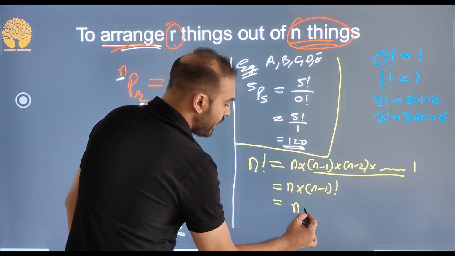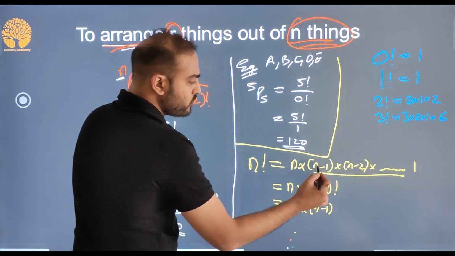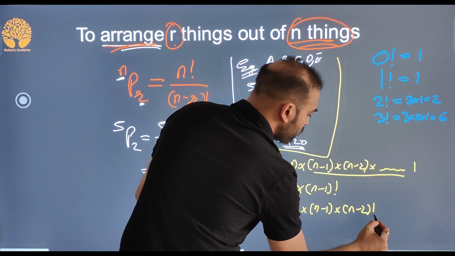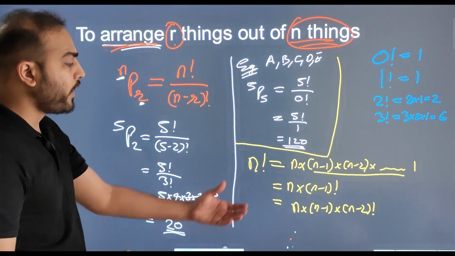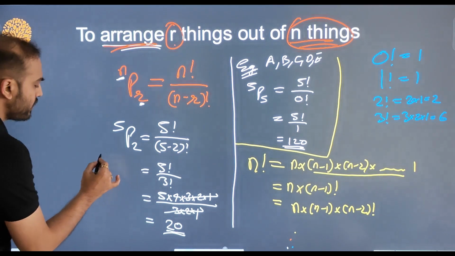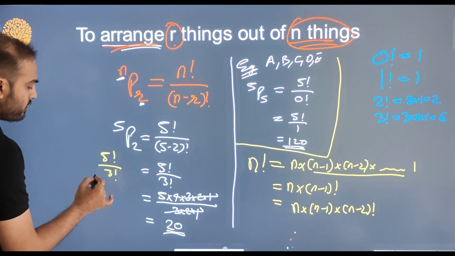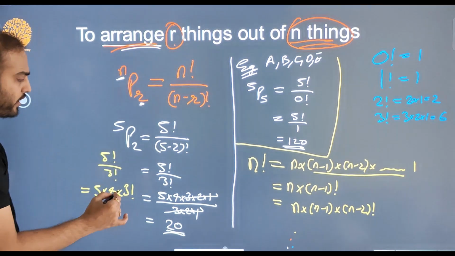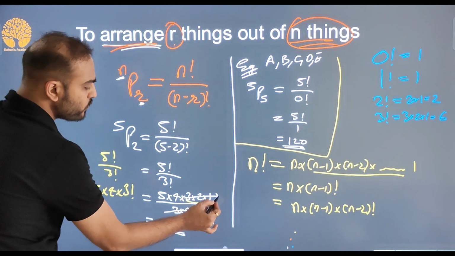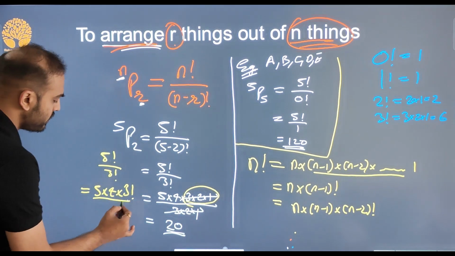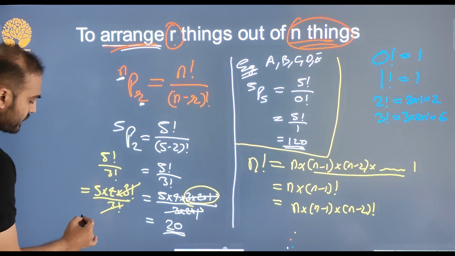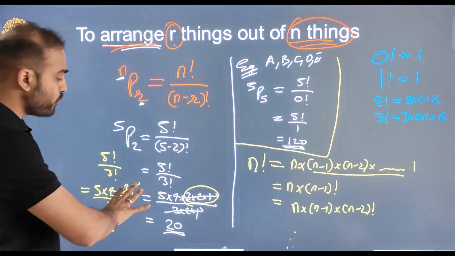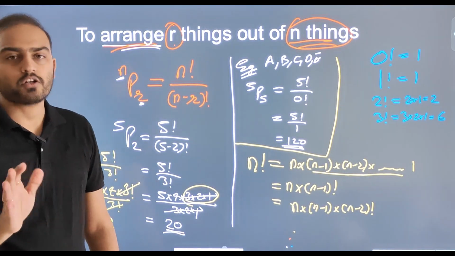Or n into n minus 1 can be taken common, and what is left is n minus 2 factorial. The point I am trying to make is that here 5 factorial can be written as 5 into 4 into 3 factorial, because it's 5 into 4, and this 3 to 1 is 3 factorial. Divided by 3 factorial, the factorial cancels out. 5 into 4, 20. So with this you will realize one thing: calculations are not that tough.